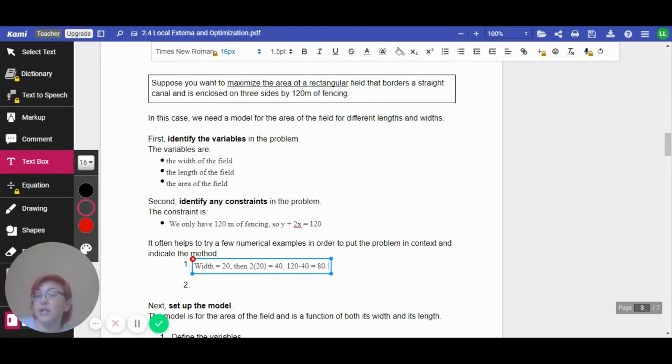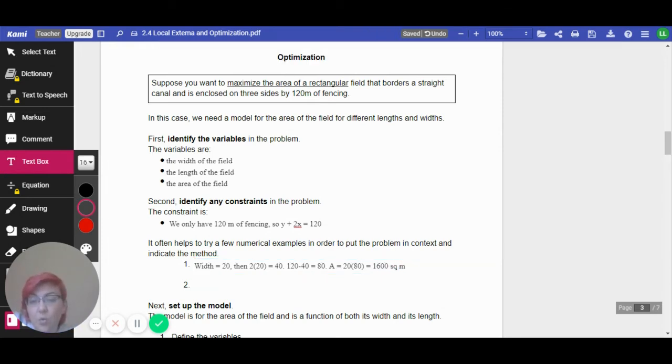So if your width is 20, then your length is 80, and so your area then would be 20 times 80. 20 times 80 is 1,600 square meters.